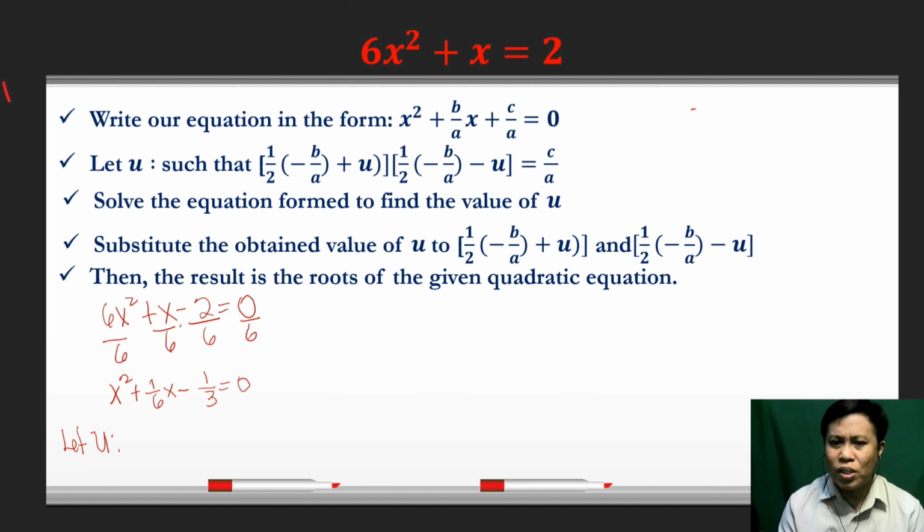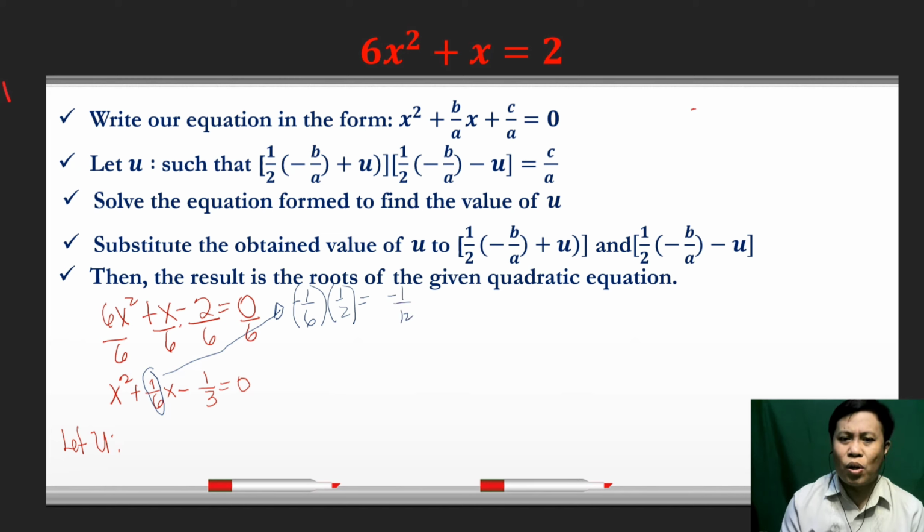the additive inverse of the coefficient of x is negative 1 over 6. The coefficient of x is positive 1 over 6, and its additive inverse is negative 1 over 6. If you take half of that, that is the same as multiplying this by 1/2. So that is negative 1 over 12.